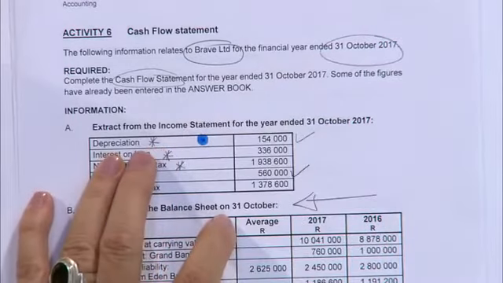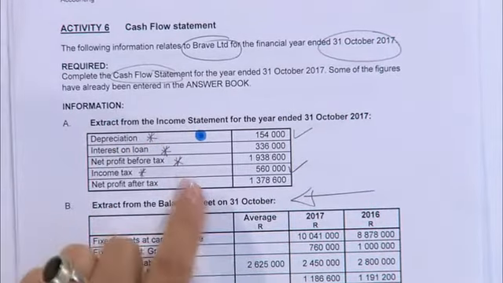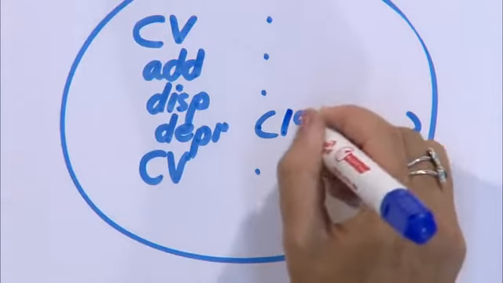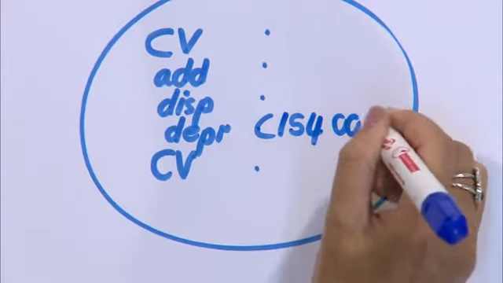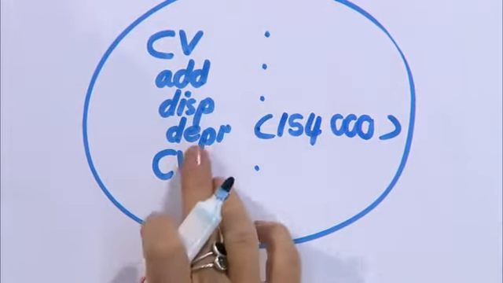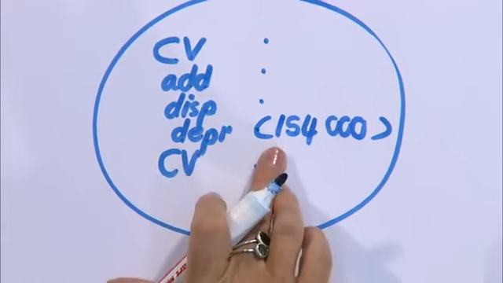Now we use it. Obviously, income statement, not balance sheet. So how much? 154. Go put depreciation in on your little note here. 154,000 rand. Why bracket? This is now not about money. This is about the fixed assets because the value of your assets drops.